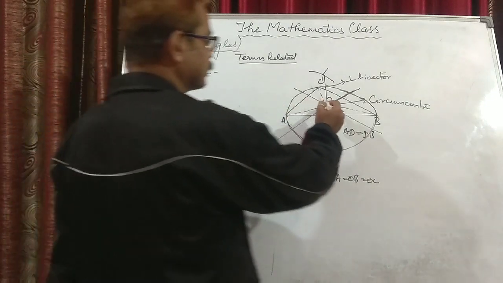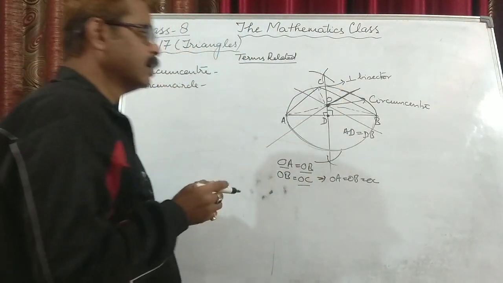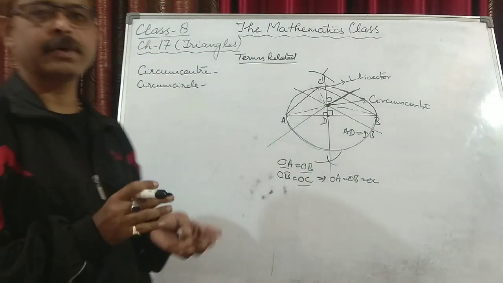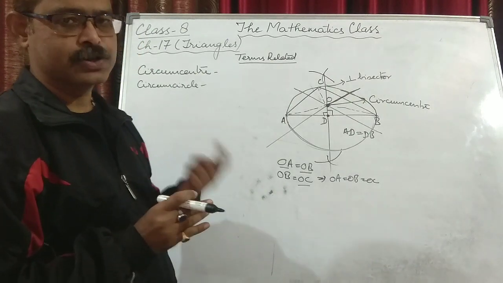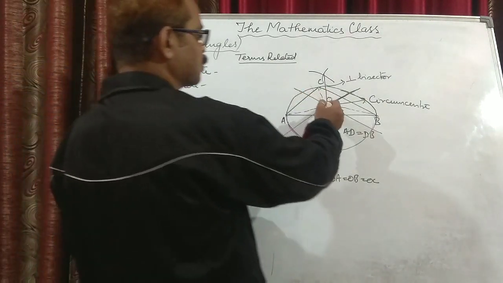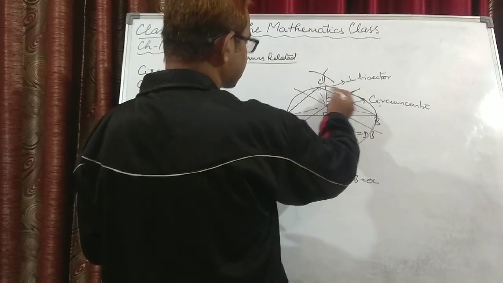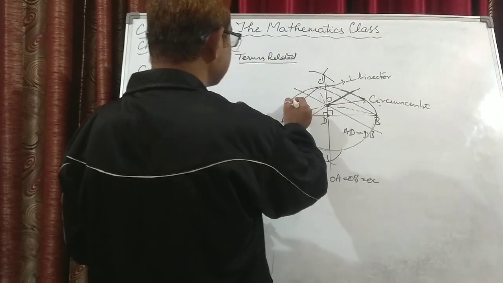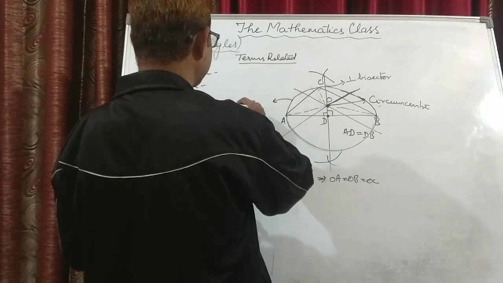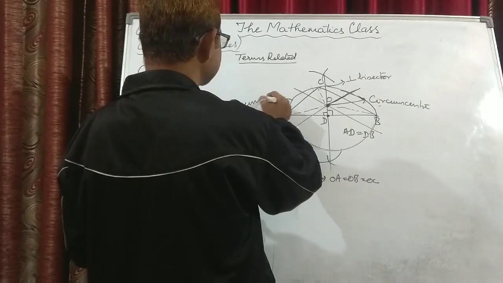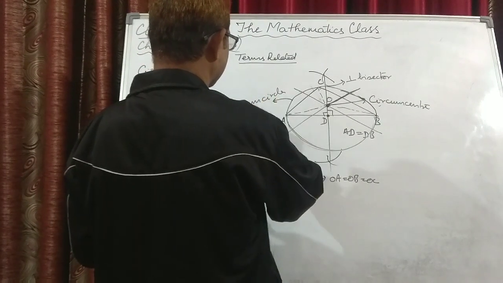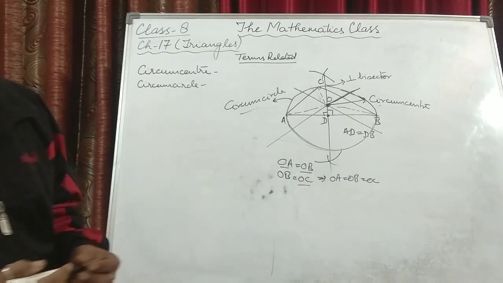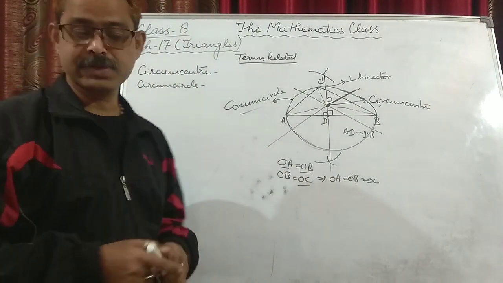That is why this O is the meeting point of all the perpendicular bisectors of the sides of a triangle. So this O is known as the circumcenter, and this circle formed is known as the circumcircle. So this is about circumcircle and circumcenter.